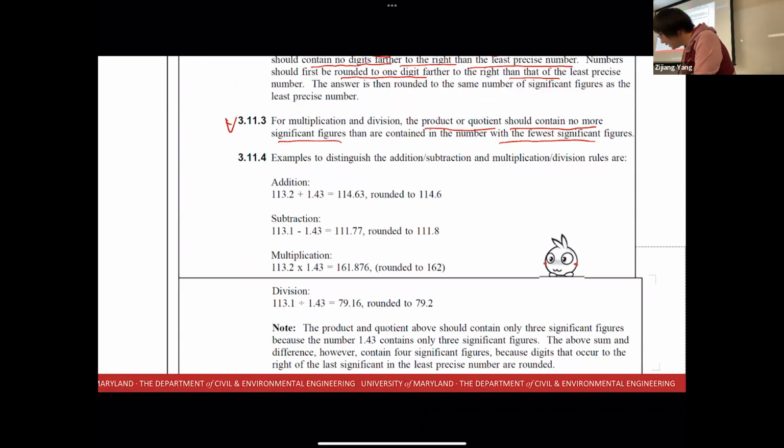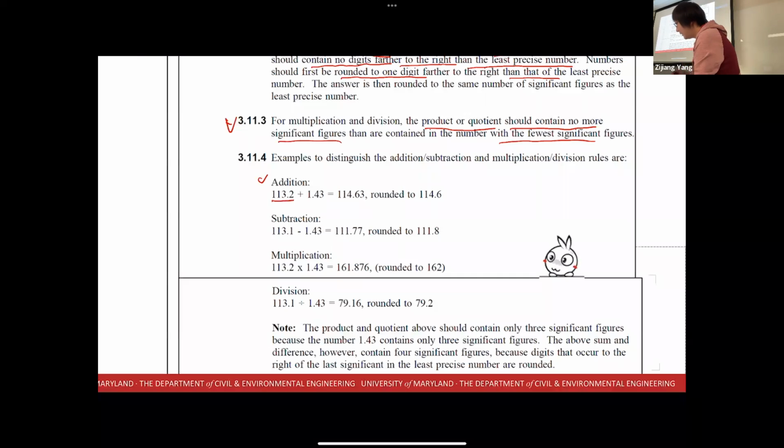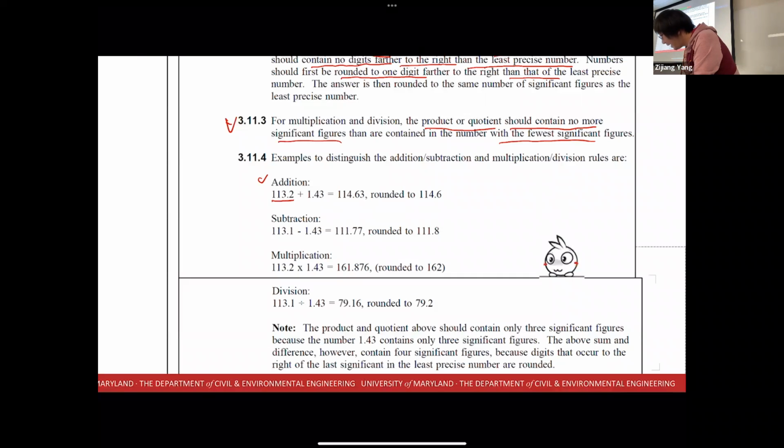So when we are doing addition, we can see this one has 4 significant figures, and this one has 3 significant figures, but it doesn't matter. When we do the summation, we just calculate what we have. So this is the result. In this case, this one only has 1 digit after the decimal point, and this one has 2 digits after the decimal point.